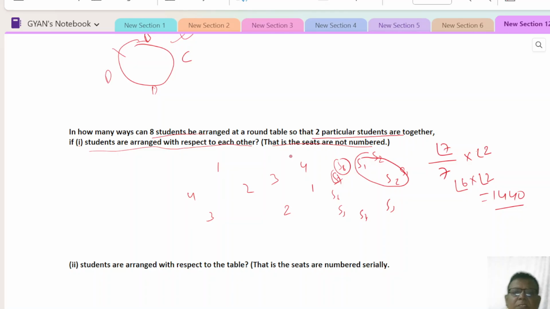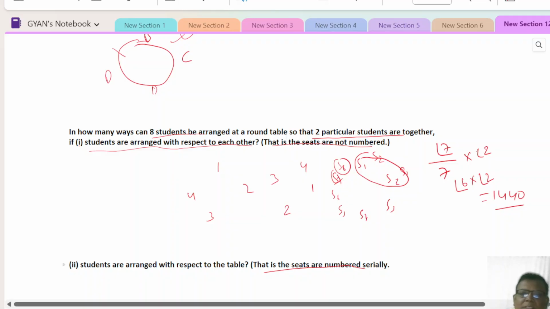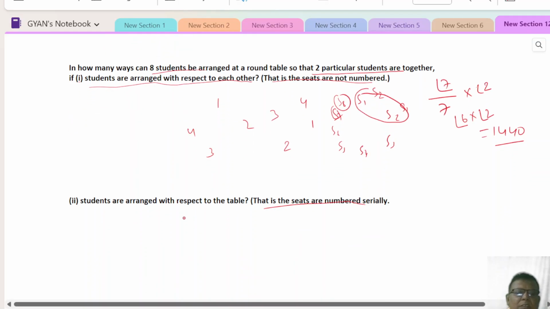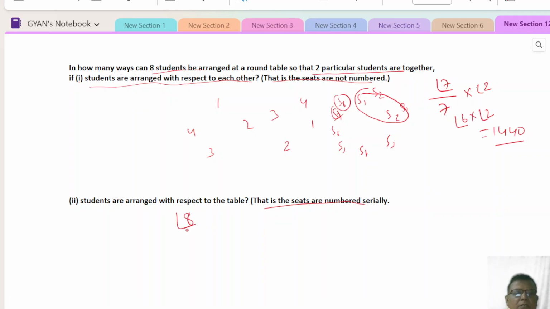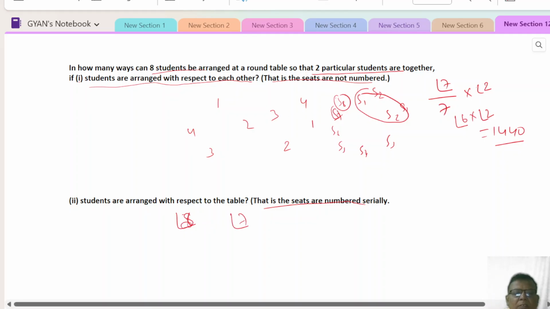And if the seats are numbered serially, then the rotation formula will not work. So it will be factorial 7. Why 7? Because 6 are there and 2 will always be together, so 6 plus 1, 7. But here we will not divide by 7.